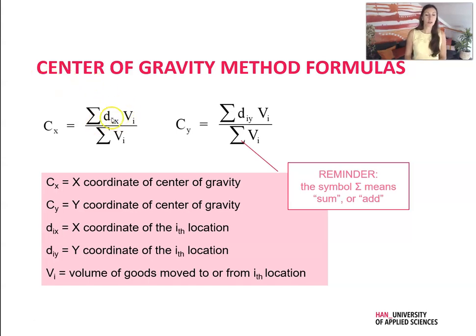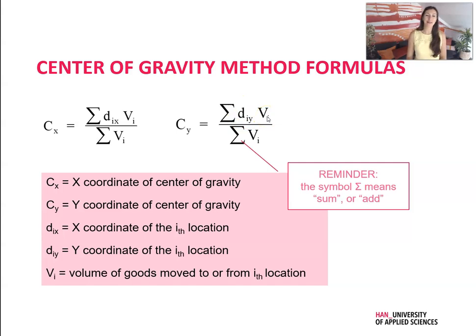We're going to multiply this coordinate by the volume of each of the locations, and we'll divide them all by their volumes again. This calculates the x coordinate, and then we'll do the same looking at the y coordinate for each of the locations.